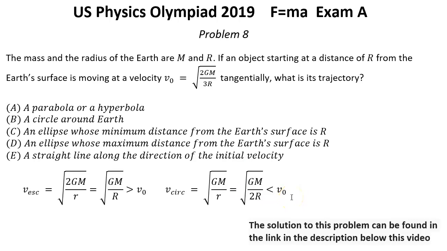It means that in our case we have tangential velocity at this point, and it's less than the circular orbit velocity. It means that this is the closest point to the surface of Earth. And this is answer C, an ellipse whose minimum distance from the Earth's surface is big R. That's the solution for problem number 8.